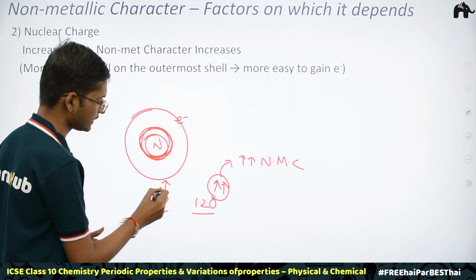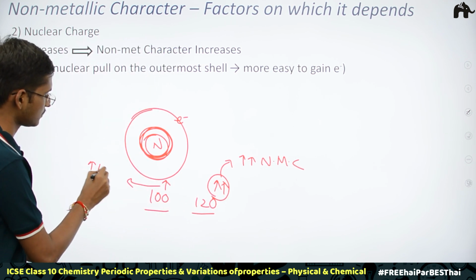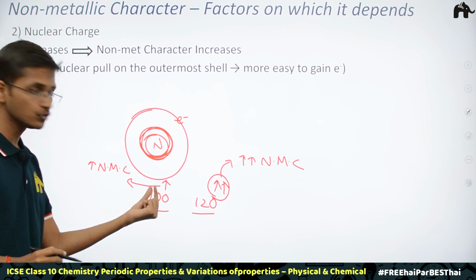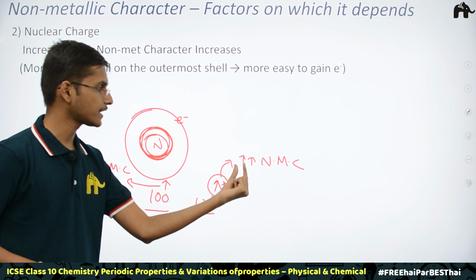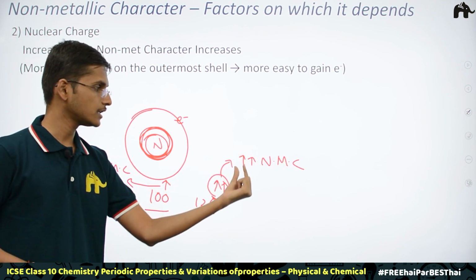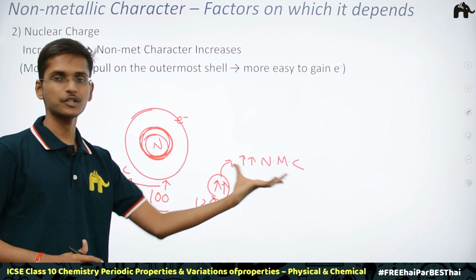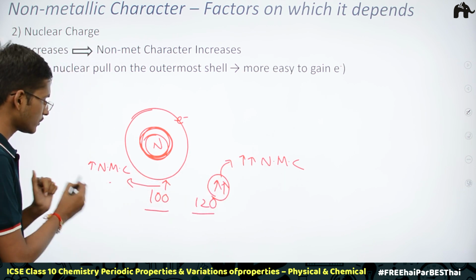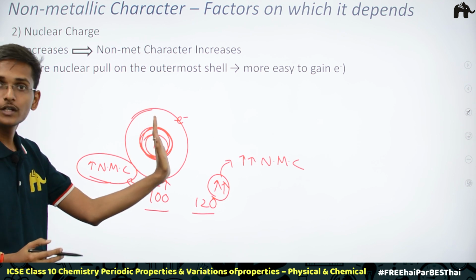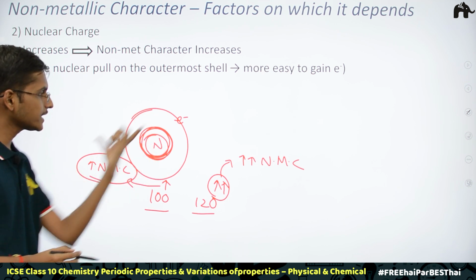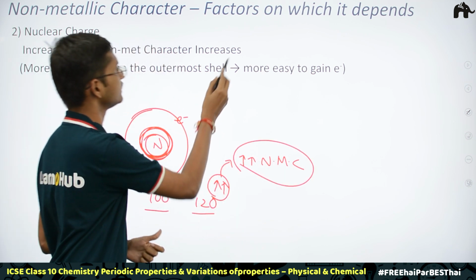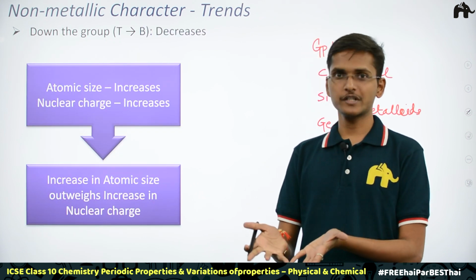Suppose here the non-metallic character was just one arrow, but now since the tendency to gain the electron has increased, the non-metallic character would also increase that much. So you can now clearly make out that when we have increased the nuclear charge, non-metallic character also increased.